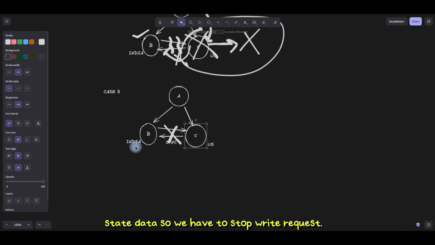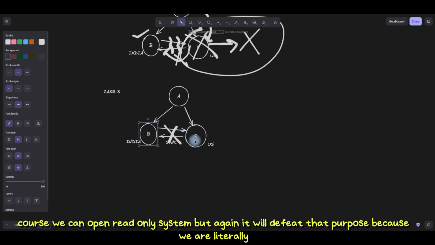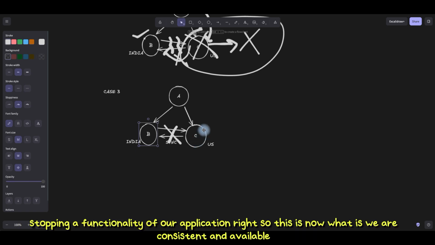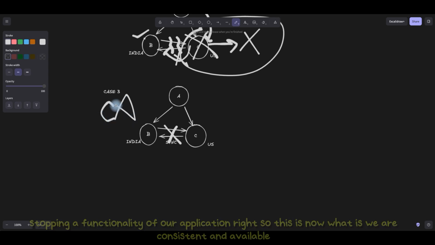They should not have stale data. So we have to stop write requests. But partition tolerance is gone because we are no longer serving users. Of course, we can open a read-only system, but again, it will defeat the purpose, because we are literally stopping a functionality of our application, right? So this is where we are consistent and available.